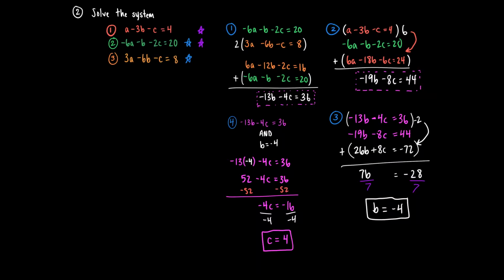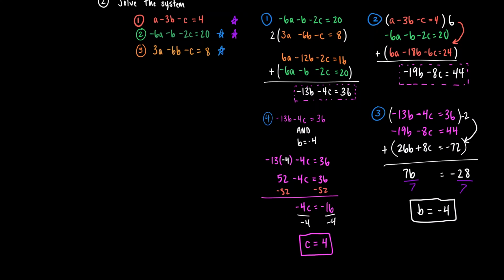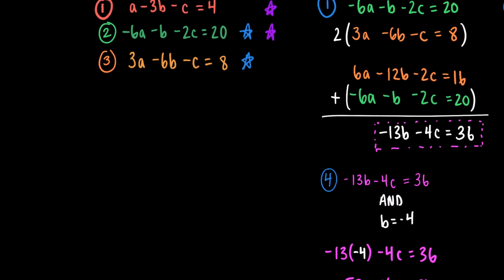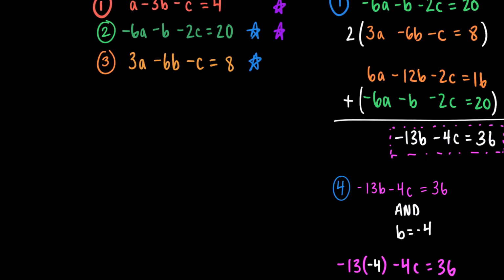So we're going to take that first equation. This will be step 5 now. We know that a minus 3b minus c is equal to 4, and we know that b is negative 4 and c is 4.